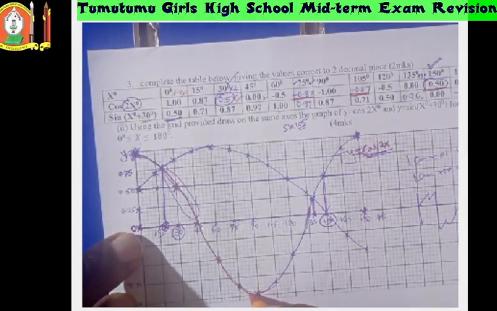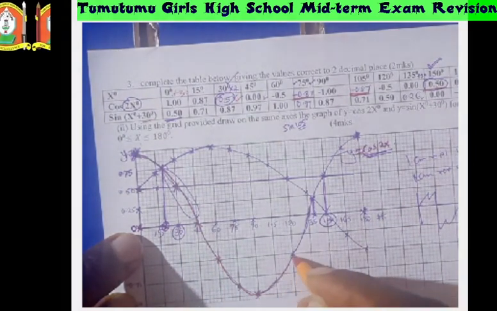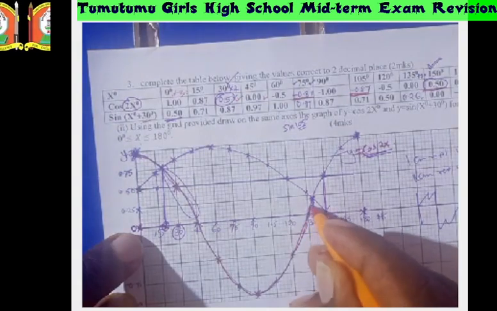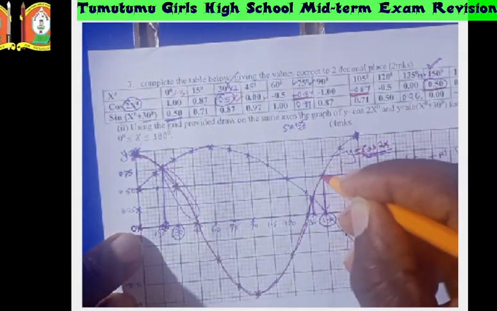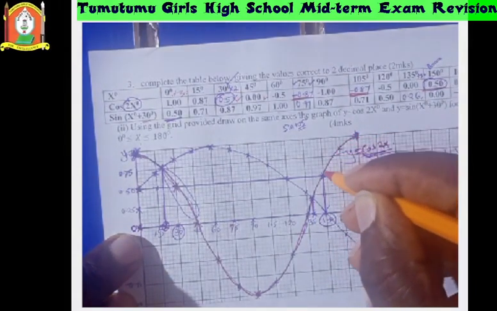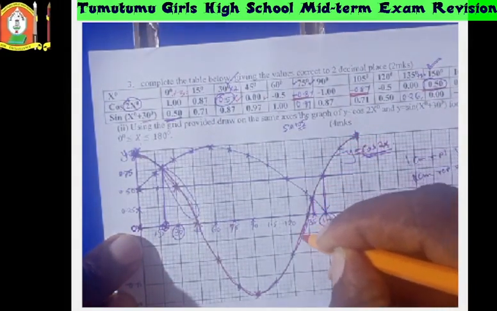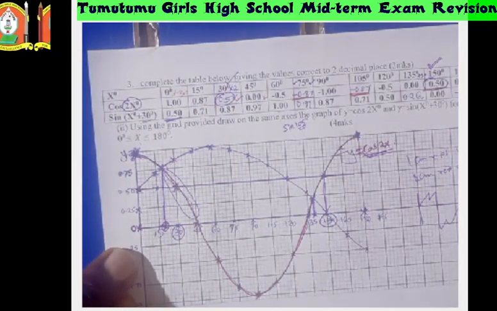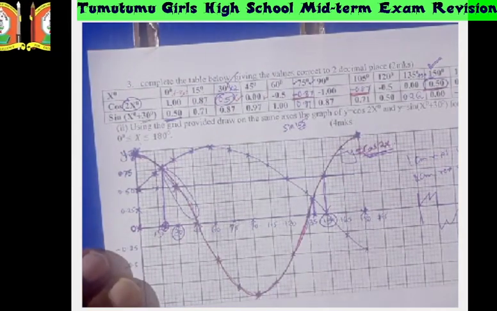But remember, do not reinforce. I am reinforcing because I want you to see. If you reinforce, you are going to get a double line, and double lines are not allowed. You cannot get the mark for the smooth curve.